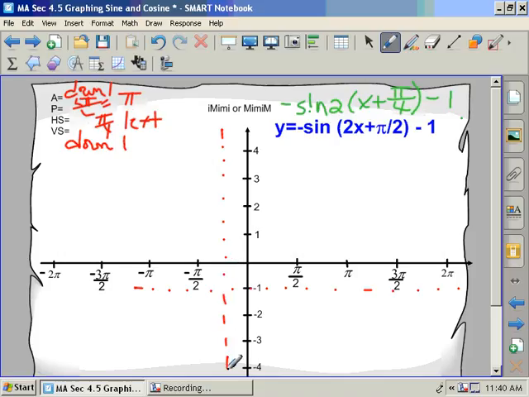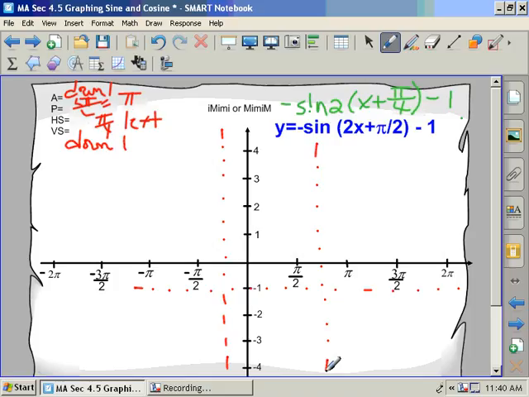Now, originally, the end of the first period would be at pi. So we're looking at pi, but we need to move it a fourth of pi to the left. So it comes to here. And then the amplitude is 1.